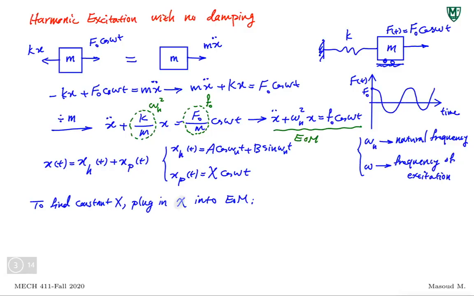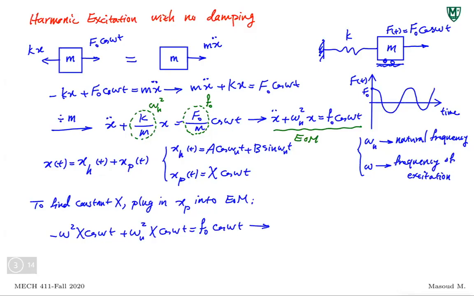If I do that, take the derivative twice, that becomes minus omega squared x cosine omega t plus omega n squared x cosine omega t is equal to f naught cosine omega t.